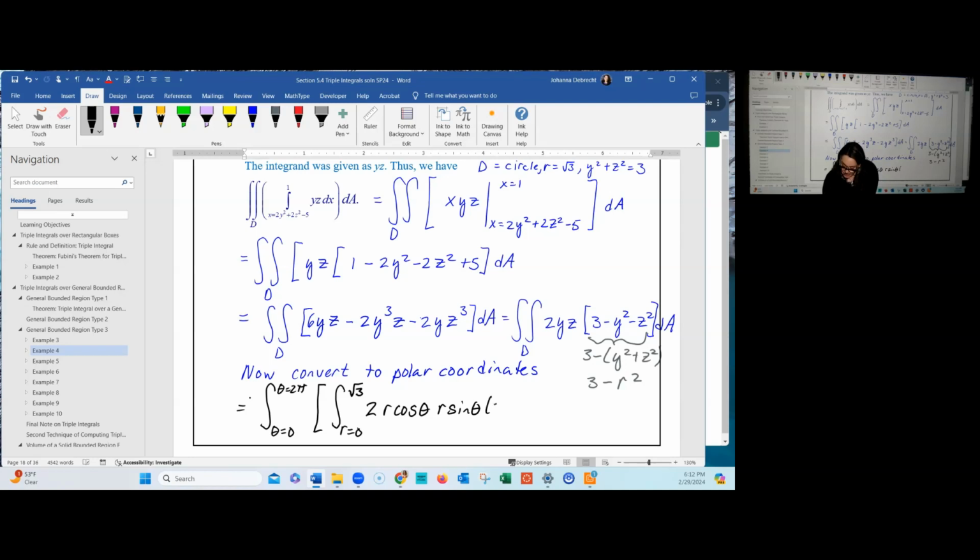And then we have 3 minus r squared. And then, of course, we have our polar coordinate differential. dA, instead of becoming dx dy or dy dx, becomes r dr d theta. So now we have r dr d theta.